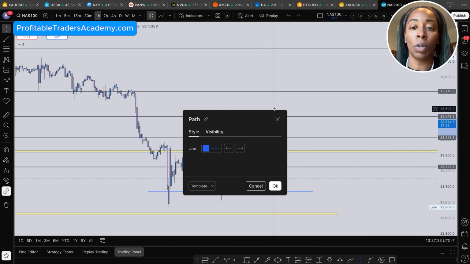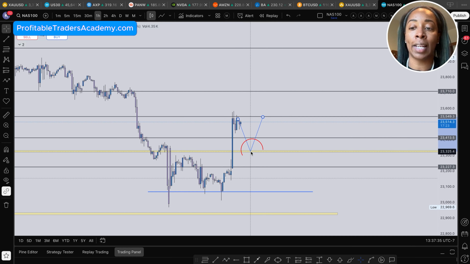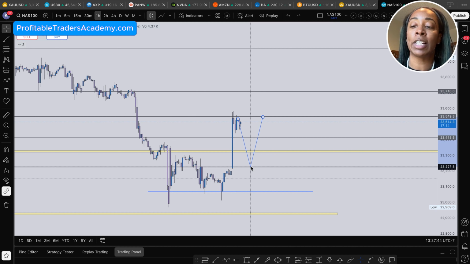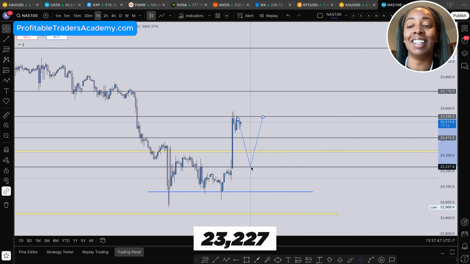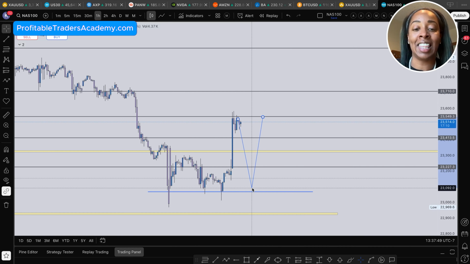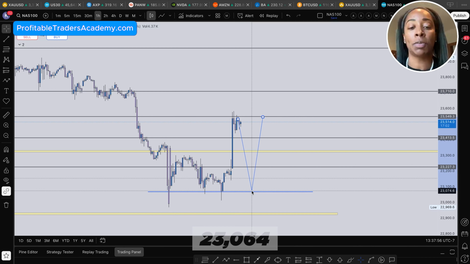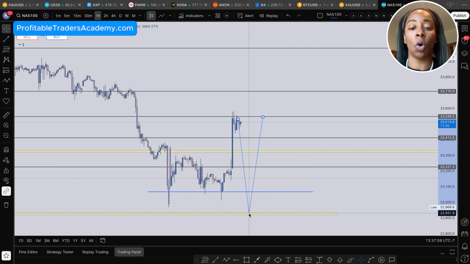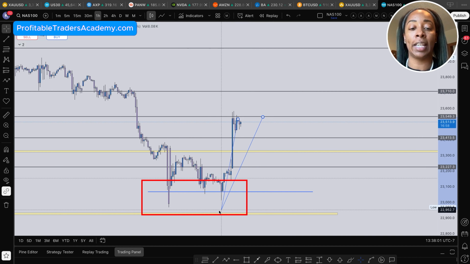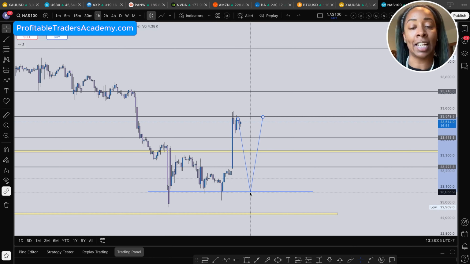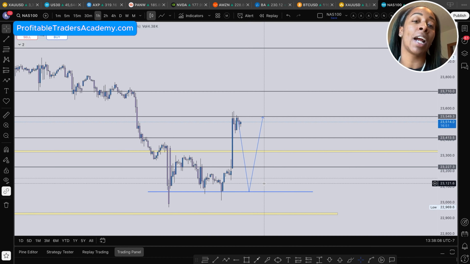My second would be at this level right here at the 328 zone, and then down here to 23,227, and then here, as a last attempt for me, would be at 23,064, especially because if price retraced all the way below these wicks right here, then it would let me know that the price wants to do something else. It's not interested in buying anymore at that particular point.